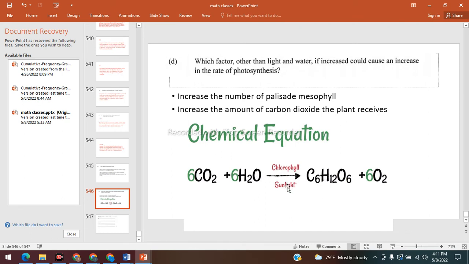But he's asking about the stuff on top of the arrow, and sometimes they mean the catalyst that makes the process happen faster. Sometimes when we have substances on top and at the bottom of the arrow, they are referring to substances that would quicken the chemical reaction. But here, when we have sunlight and chlorophyll, we don't mean that it's going to act like an enzyme. What we are saying is that in order for this reaction to take place, we need to be in the presence of chlorophyll and sunlight.